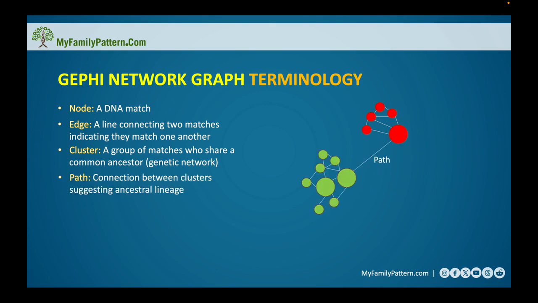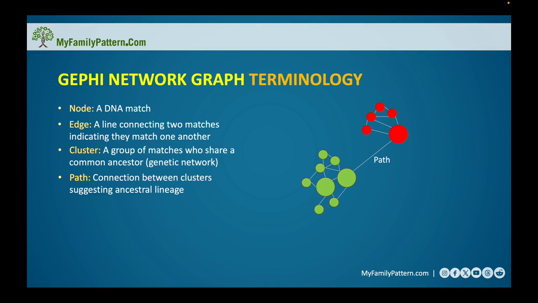And from there, we often have multiple clusters. And each one of these clusters likely represent an ancestral line, like maybe a great-grandparent or a great-grandmother. And these paths that connect these clusters suggest that they are somehow related on an ancestral line.